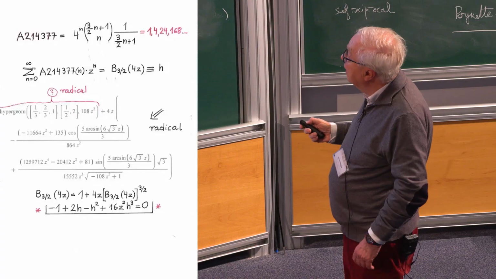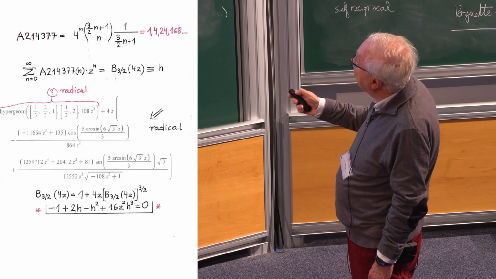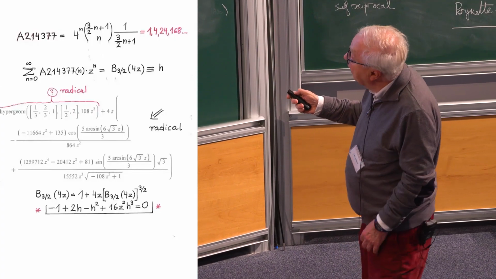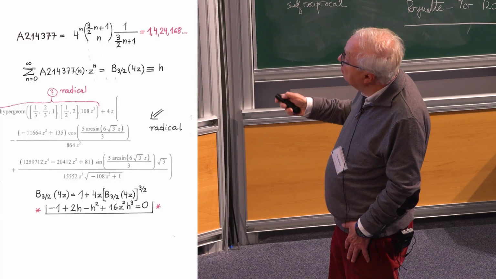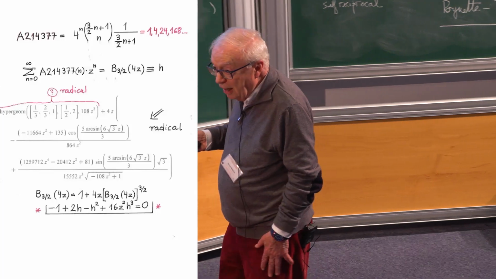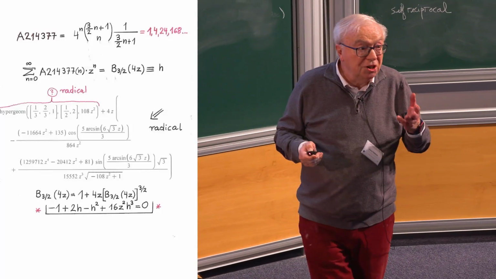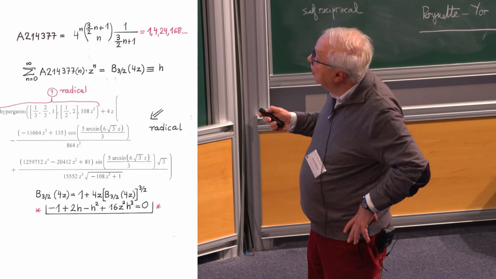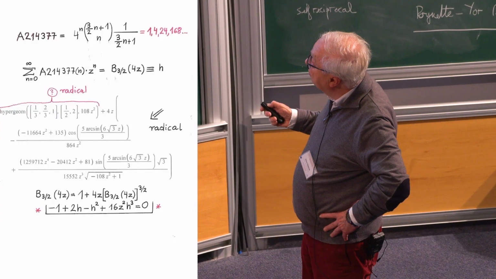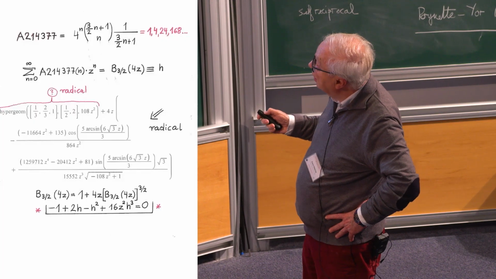I give that to the computer, and I get something which reminds one of a radical, but it cannot be seen as a radical with the bare eye, because this function doesn't look radical.